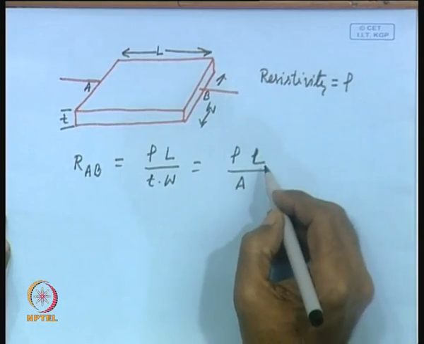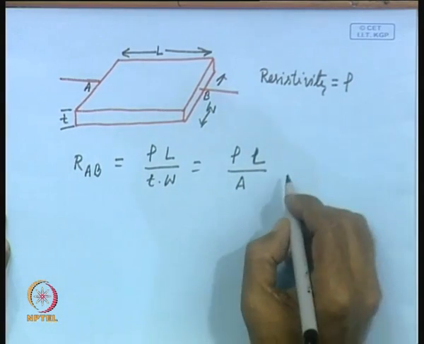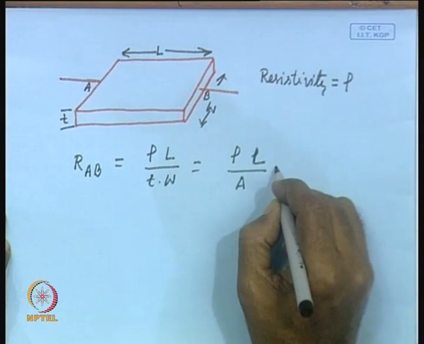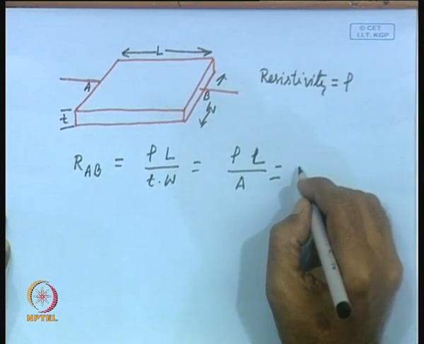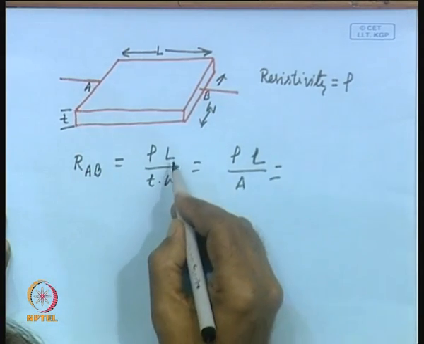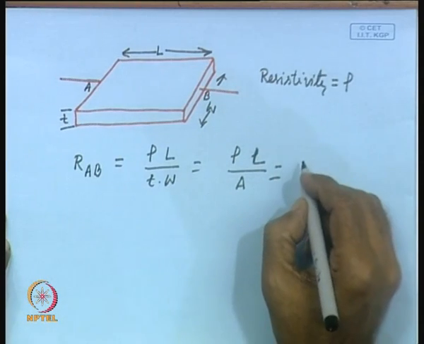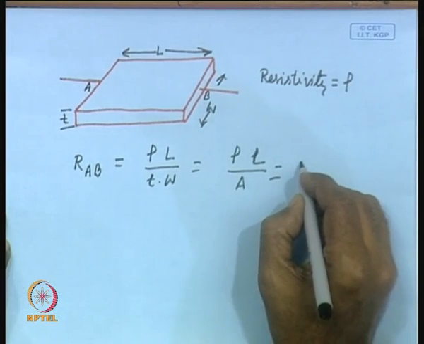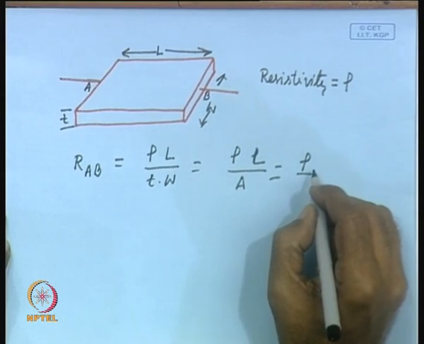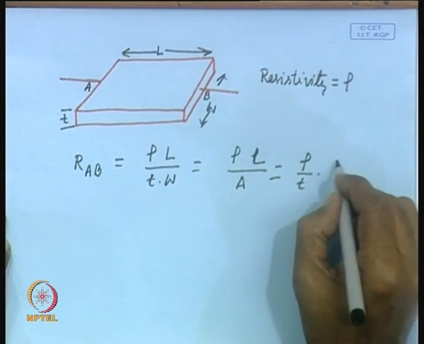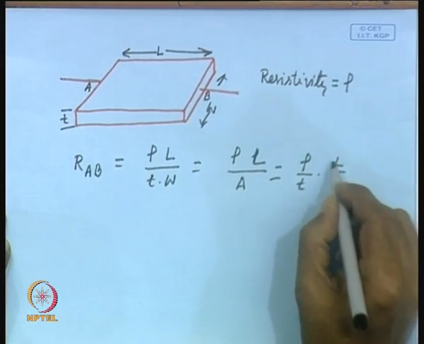Based on this, it can also be represented in another way, in terms of L by W, that is rho by T into L by W.